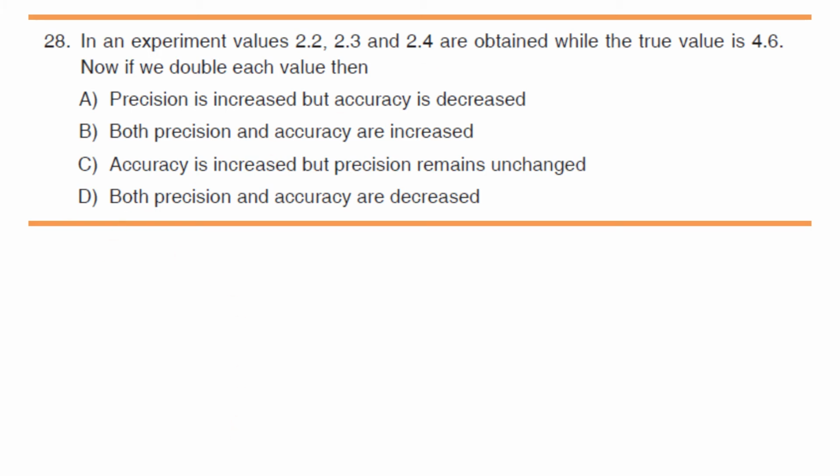Now accuracy, you know that accuracy is something which is related with the agreement between the measured value and the true value. Okay, so true value is actually 4.6. So if you are getting some value which is closer to 4.6, we can say that it is a more accurate method, right?